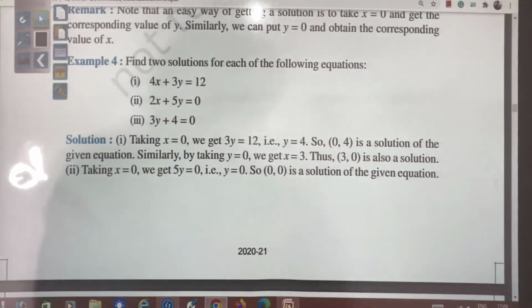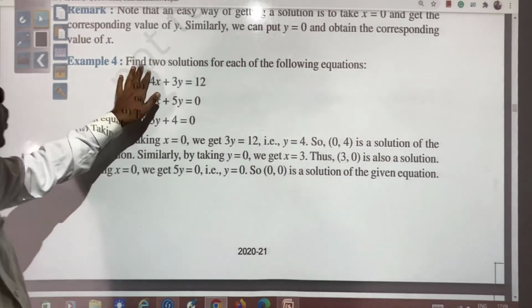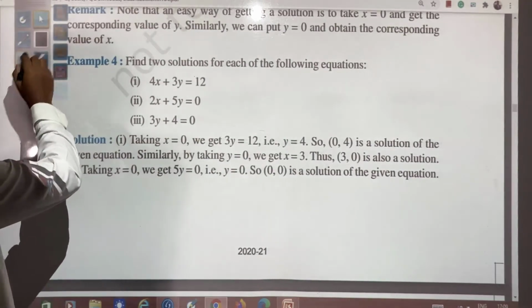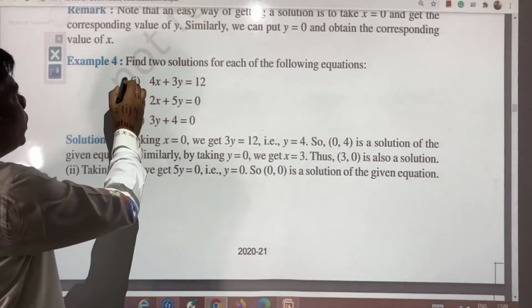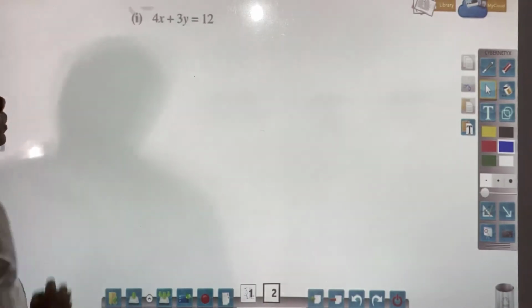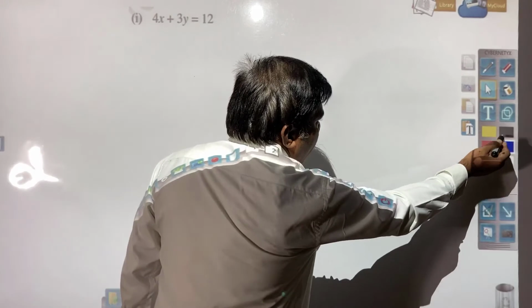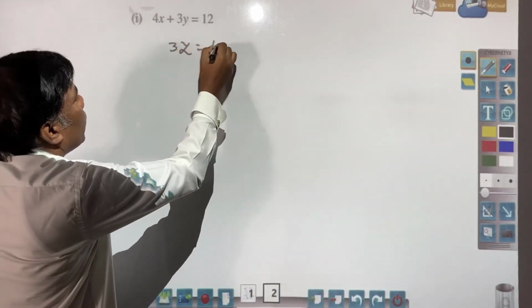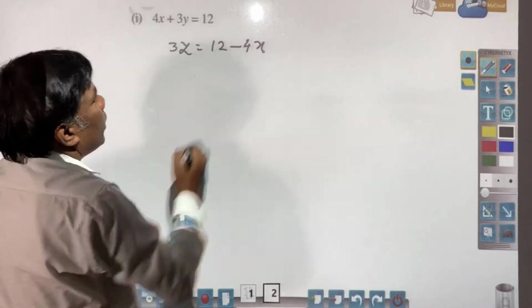Next you see, find two solutions for each of the following equations. In the same way you need to solve these equations also. One question you see, here you have, suppose 4x plus 3y is equal to 12. Then 3y will be equal to 12 minus 4x.